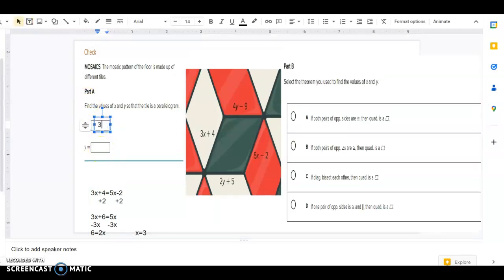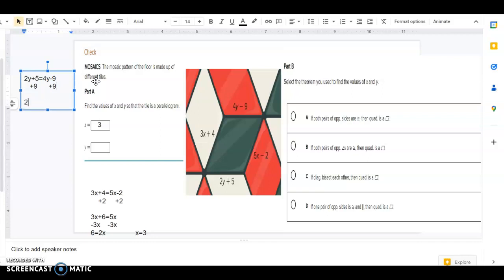Then I'm going to do the y. This one would fall here, and this one would be opposite of it. So I have 2y plus 5 equals 4y minus 9. The first thing I'm going to do is add 9 to both sides.